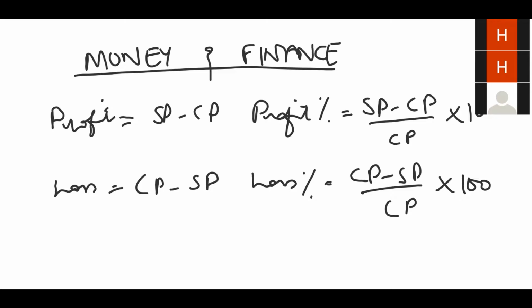So moving forward, what we're going to learn is our currency conversions. That was the first topic of the chapter that we started. So what are currency conversions? We already know that different countries have different currencies and they have to be converted in order for our currency to be used.